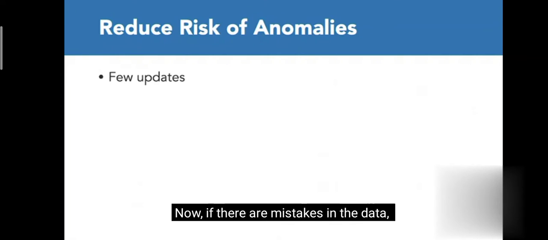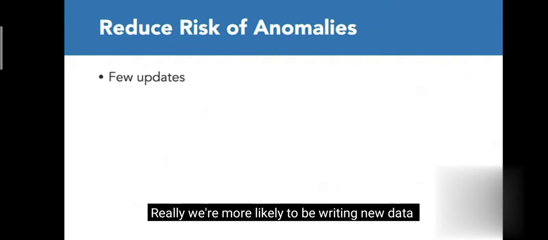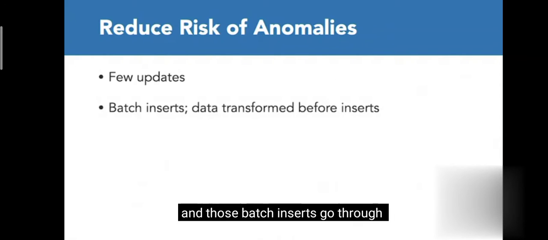Now, if there are mistakes in the data, we may correct a batch or delete a batch and reload with corrected versions. But outside of errors in data loading like that, we typically do few updates. Really, we're more likely to be writing new data and reading data. Oftentimes we do batch inserts, and those batch inserts go through an extract, load, transform or extract, transform, load process.